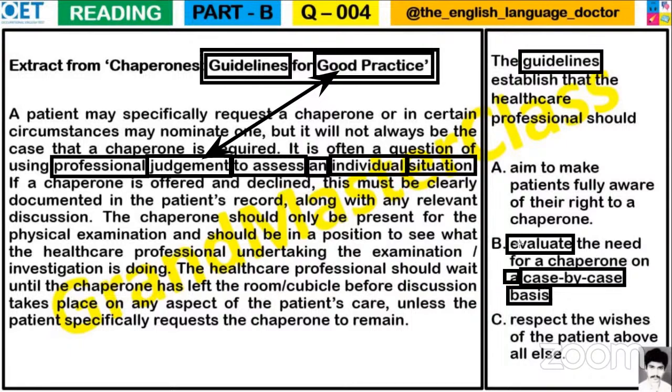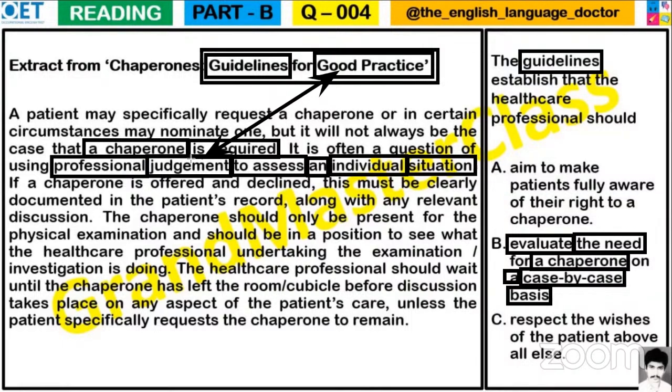It is often a question of using professional judgment to assess an individual situation. What should you judge? The need for a chaperone. Need means requirement.